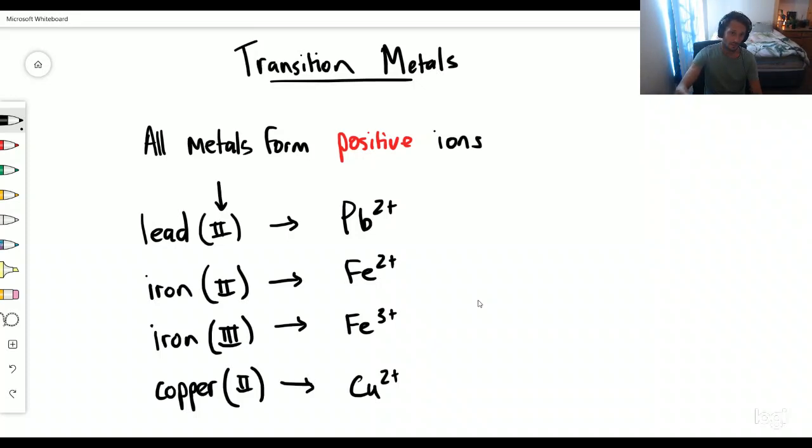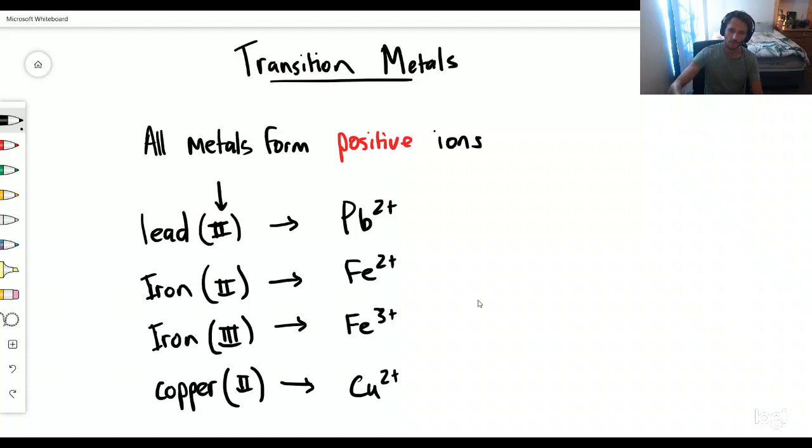If the Roman numeral is 2, you can simply say lead is Pb2+. Iron, for example, exists with 2 different charges, but they might give you the 2, then you just write Fe2+. If they give you the 3, you write Fe3+. Copper also is one of these transition metals with a Roman numeral, copper 2+.